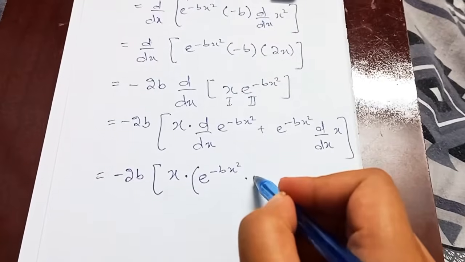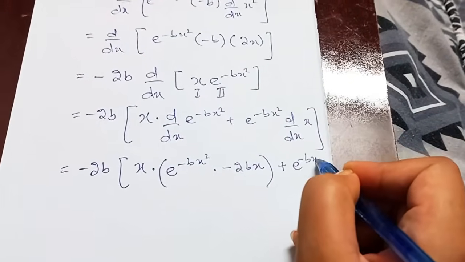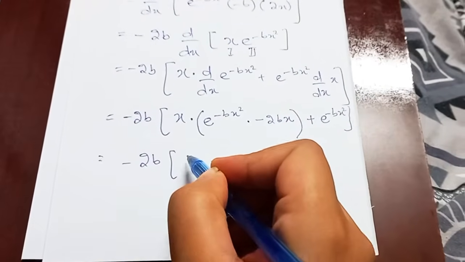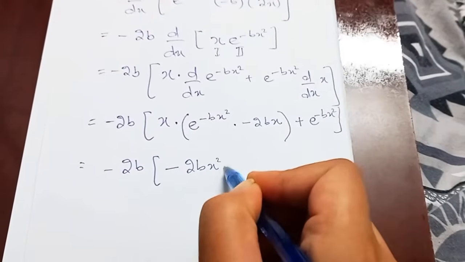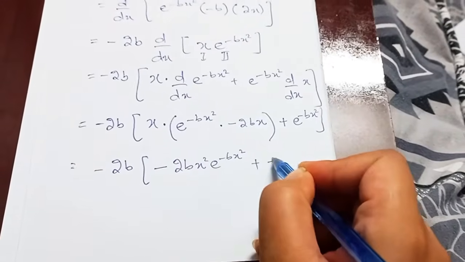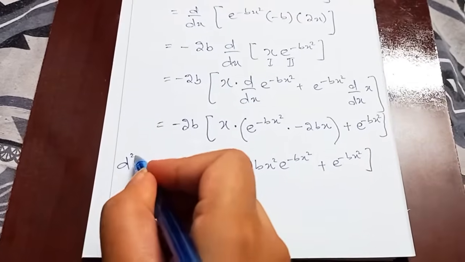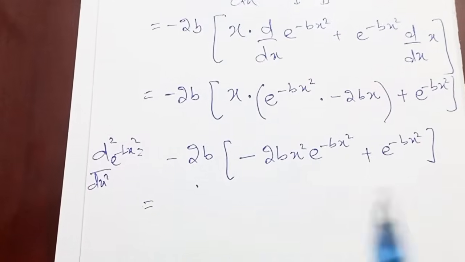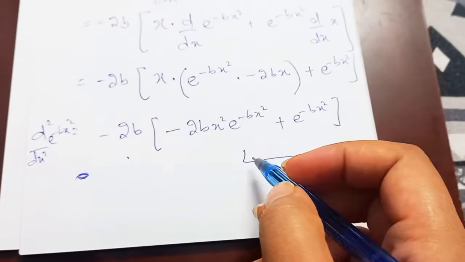Derivative of its power is minus 2bx as we calculated before, and that is why I'm writing it directly. dx by dx is 1, so it's e to the power minus bx squared only here, minus 2b into, this is a negative sign here, 2bx squared e to the power minus bx squared plus e to the power minus bx squared, and this is what we have got so far, and I think it's a good form to insert into the expression.